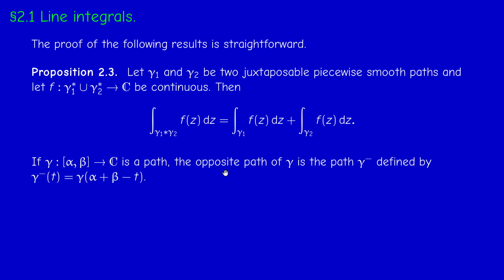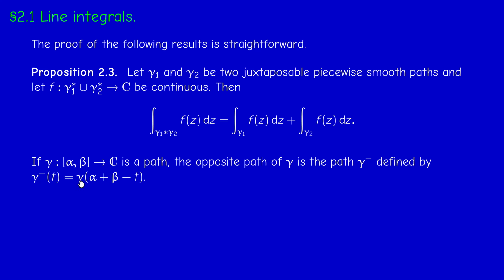Recall also, as we said, that a path gives an orientation to the curve. So a curve has two orientations. One is given by gamma. The opposite path is denoted by gamma minus, and it's defined by this formula.